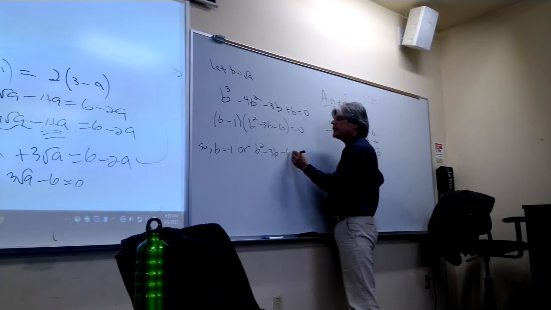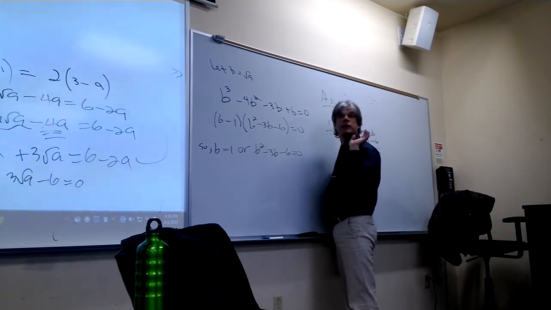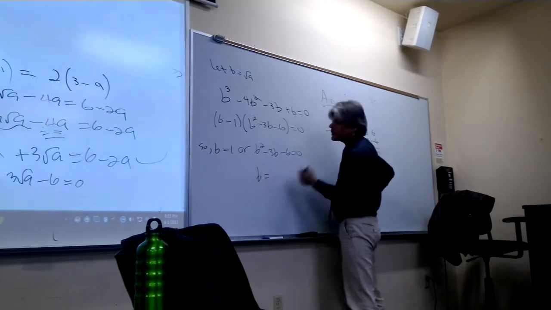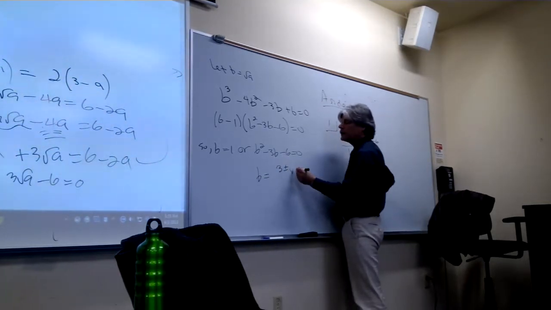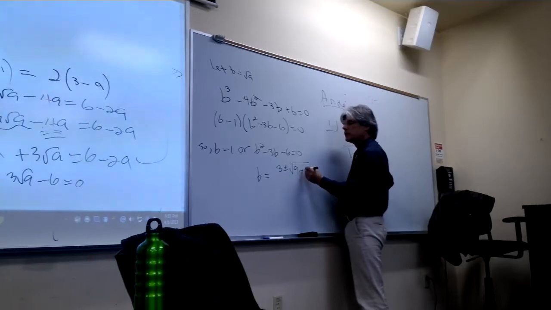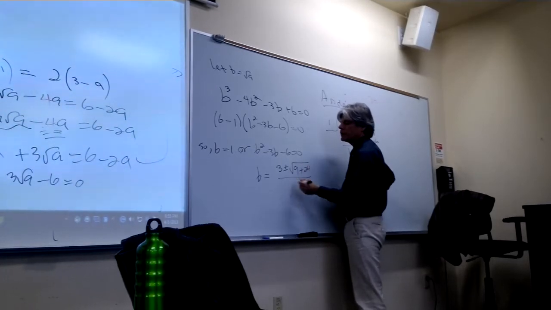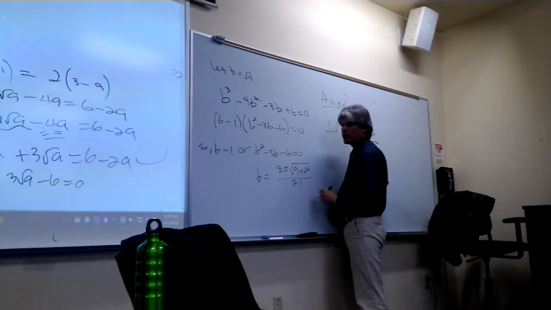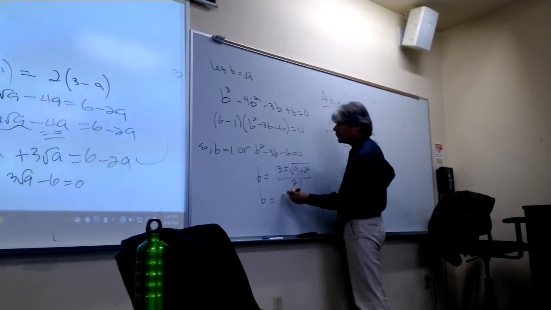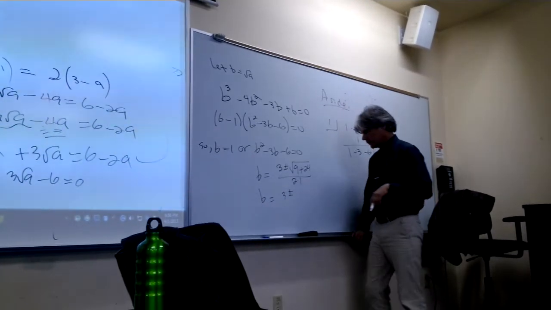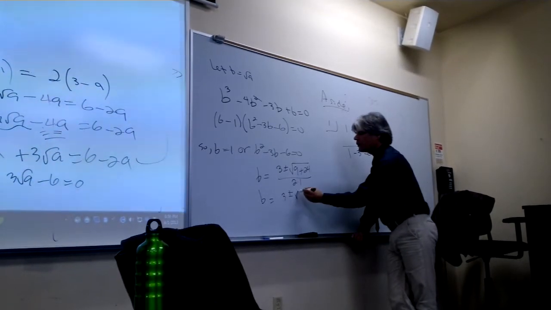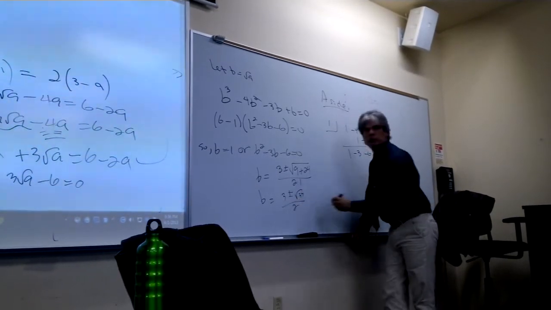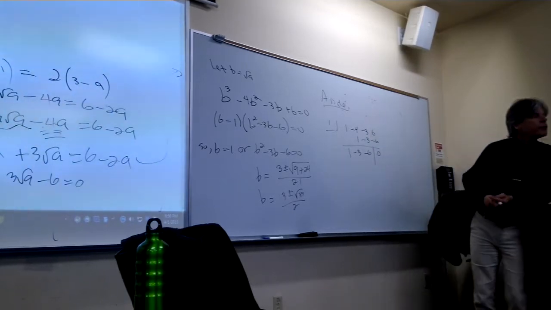And if I can't factor this trinomial, all I'm going to do is apply the quadratic formula, which tells me that my solutions are negative b plus or minus the square root of b squared minus 4ac, all over 2a. Or shall I say b is equal to 3 plus or minus root 33, all over 2. I can't simplify it, I'm stuck with it.